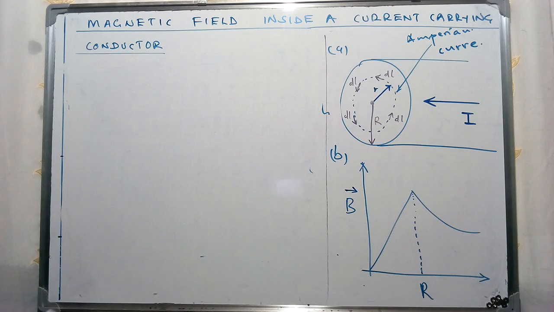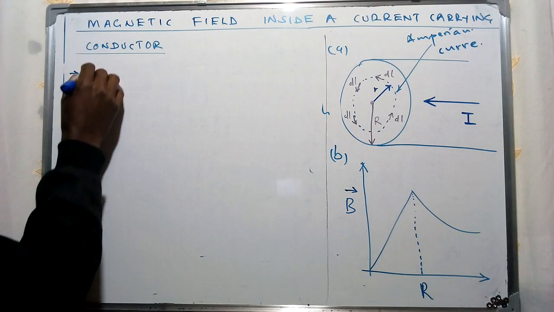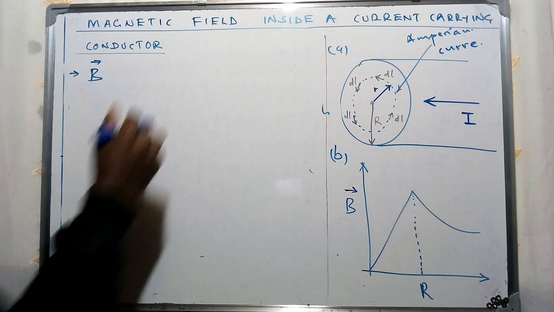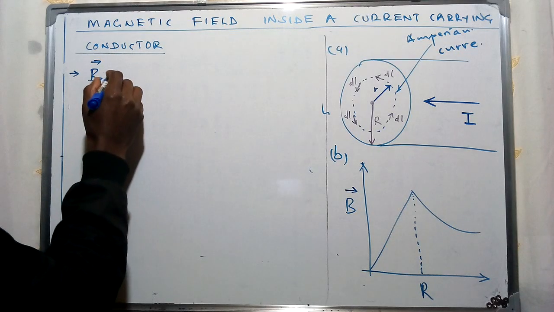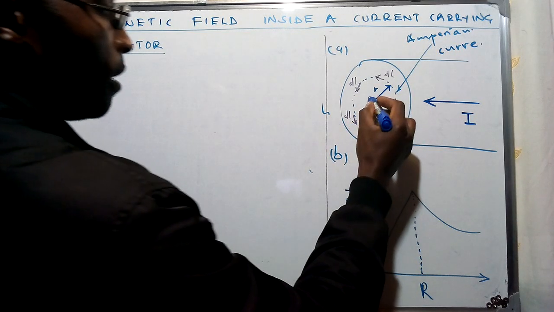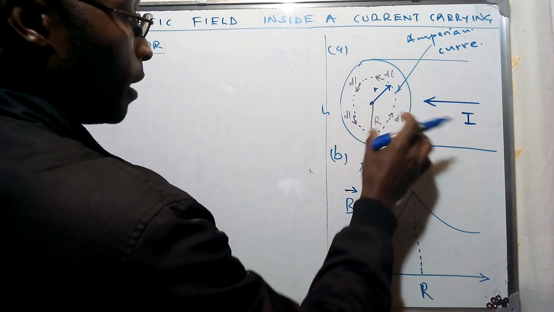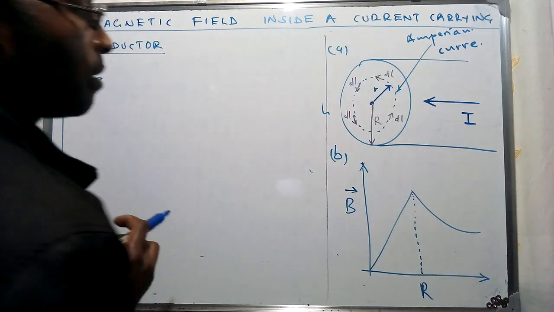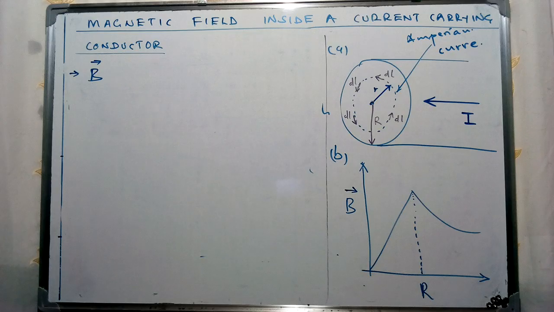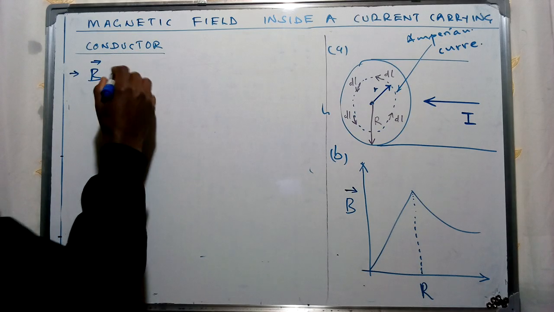From our previous discussion we said that the magnetic field is going to be tangential to the Amperian curve, and in this case we are going to consider the Amperian curve of this specific radius. I've considered this Amperian curve and the outer circle which has a radius of R. Therefore we're going to consider that Amperian curve of radius r.